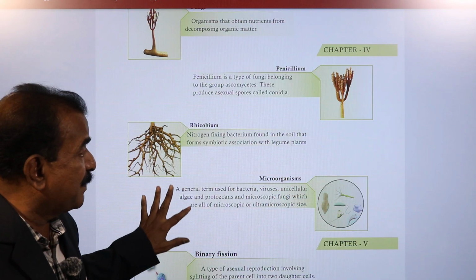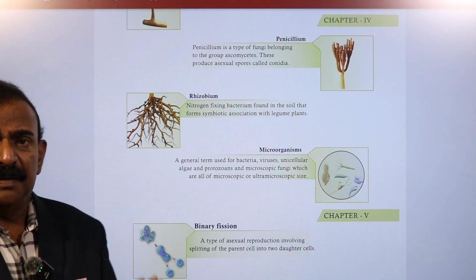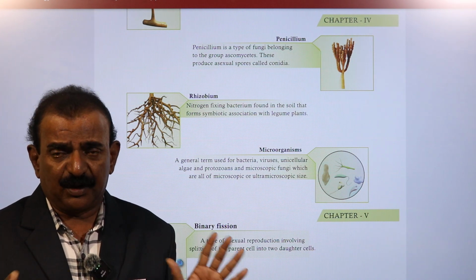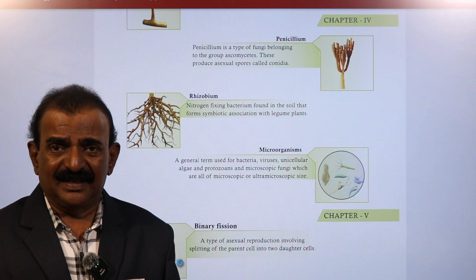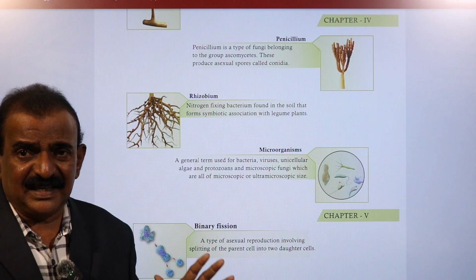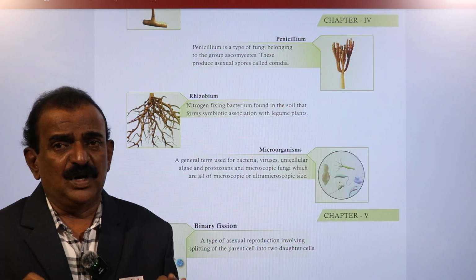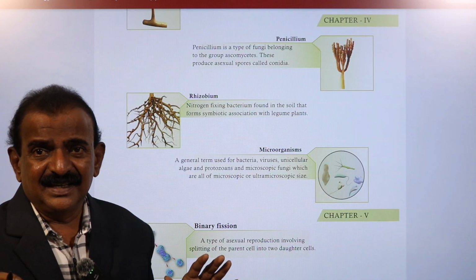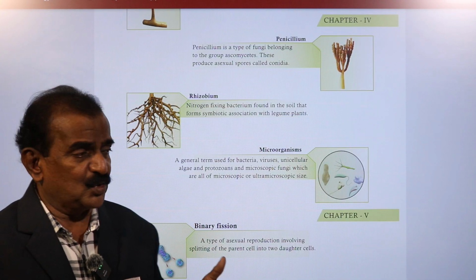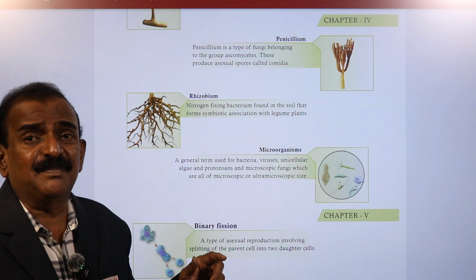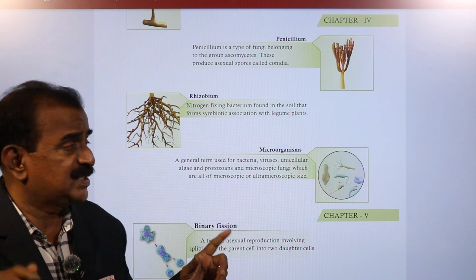And now you are observing microorganisms. So microorganisms are minute, and they are microscopic. Already we discussed bacteria, virus and fungi like yeast cells, and they have only one cell, and they cannot be seen with the naked eye. They can be seen with the help of a microscope, and they are called microorganisms, and most of these microorganisms are unicellular.